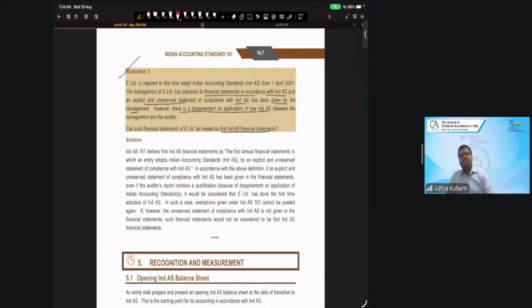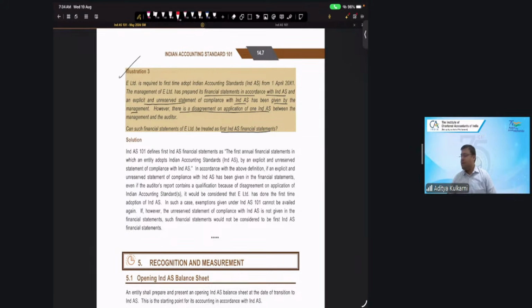Very much. See, disagreements between the auditor and the company will always be there. It has to be there for a healthy relationship, right? Now, the point is this: because the auditor does not agree with a particular treatment, can I say that my financials are not the first Ind AS financial statements?